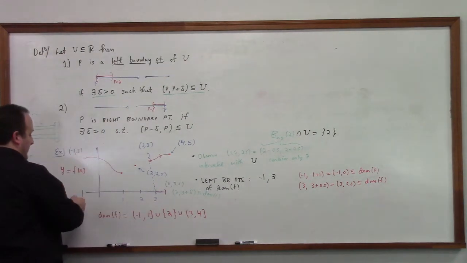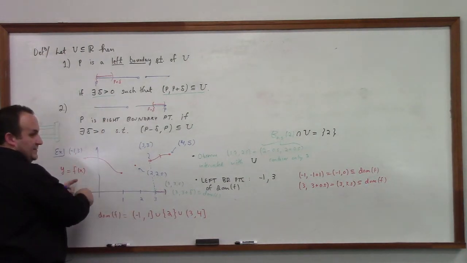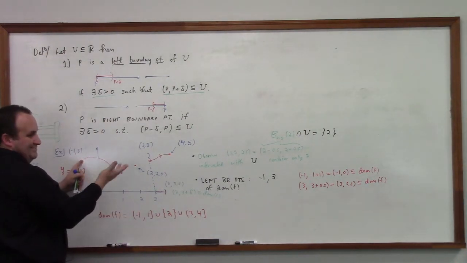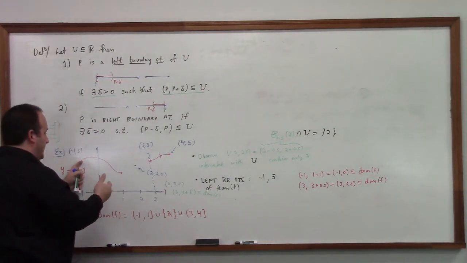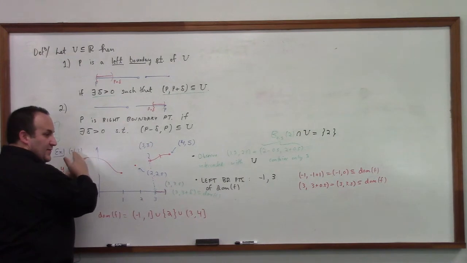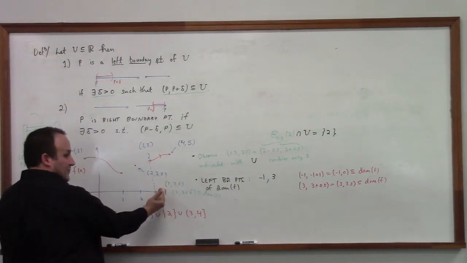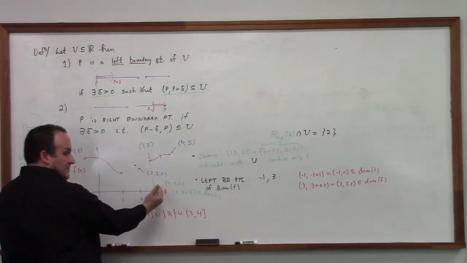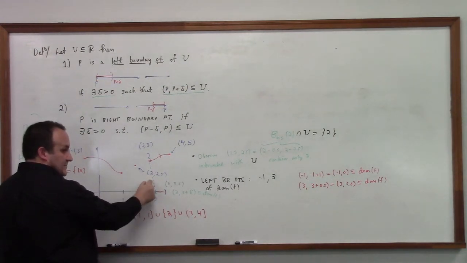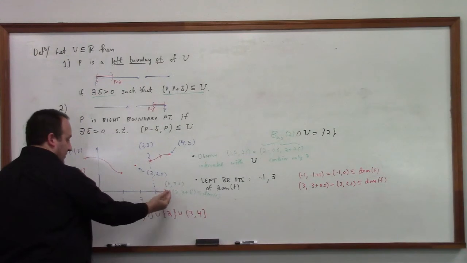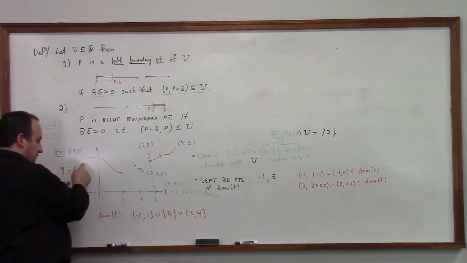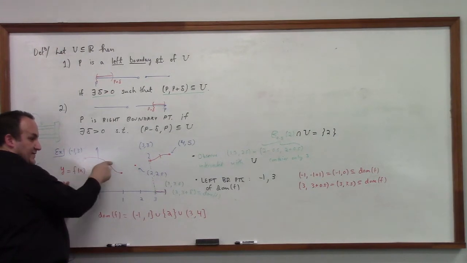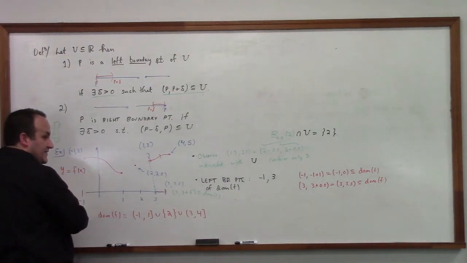Like if I took, over at this other one, delta to be like 4, then going from -1 to -1 plus 4 would cover this whole part of the number line. That's not a subset of the domain because there are pieces missing here and here. But if I shrink delta small enough, I can see that all the points close to -1, but to the right of it, are in the domain. That makes -1 a left boundary point.